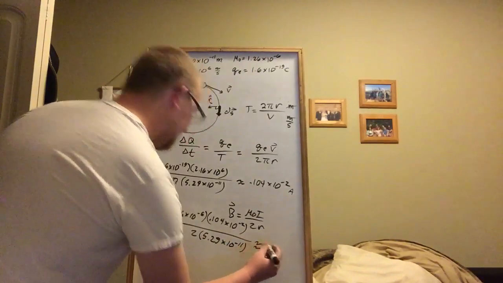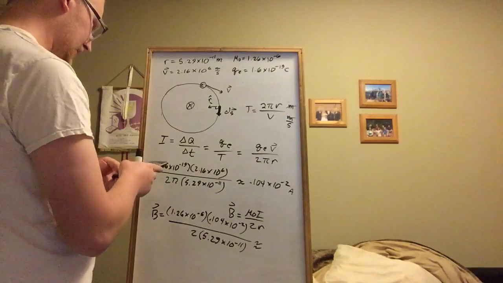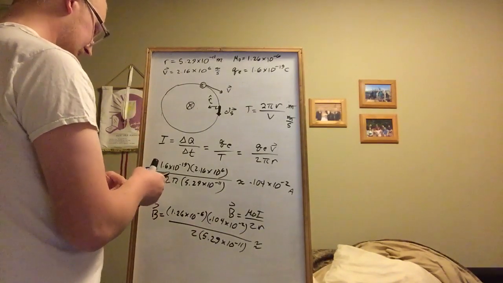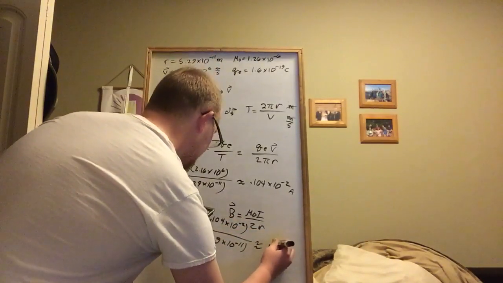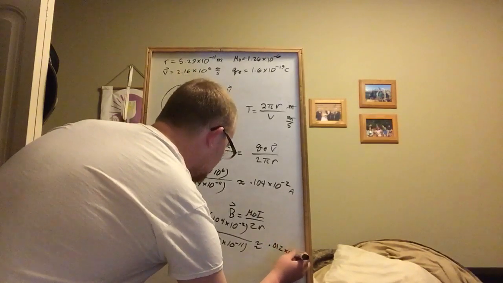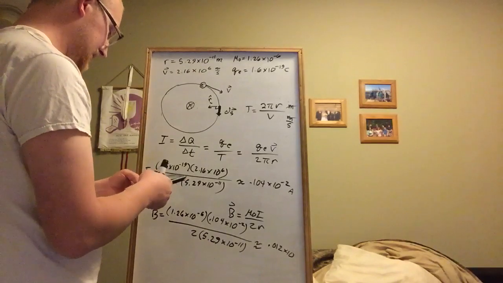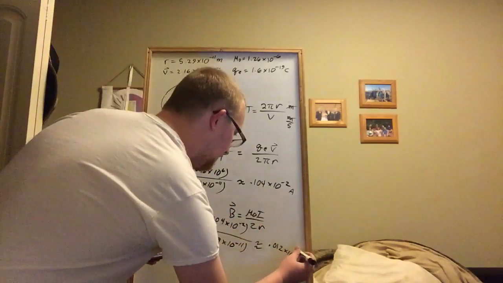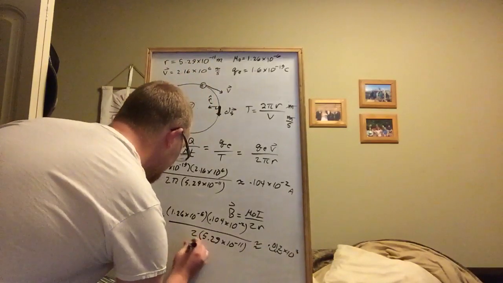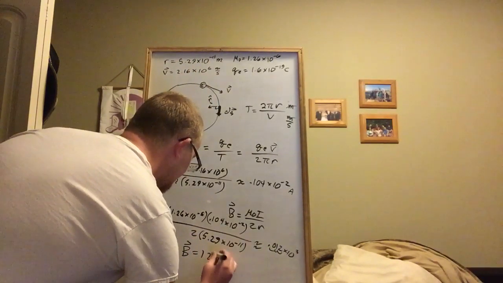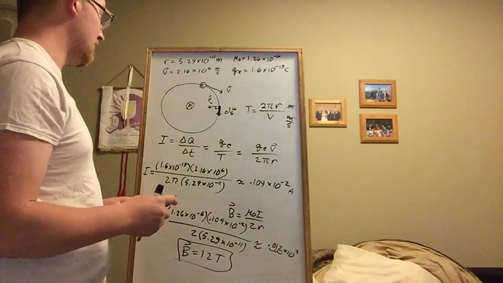Let's figure out what we get. 1.26 times 0.104 divided by 2 divided by 5.29 gives us 0.012 times 10 to the 3. We move the decimal place 3 to the right and we end up with the B field equaling 12 Tesla. And that is the answer for this problem.